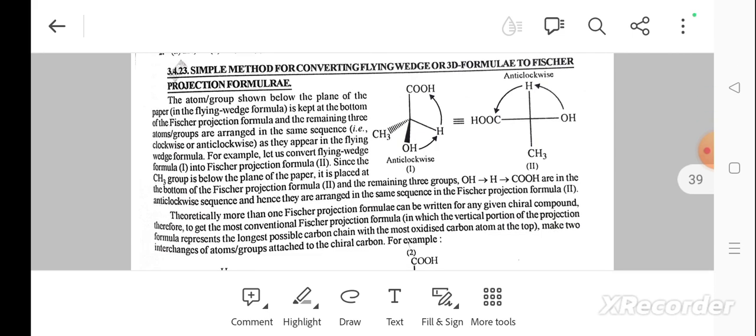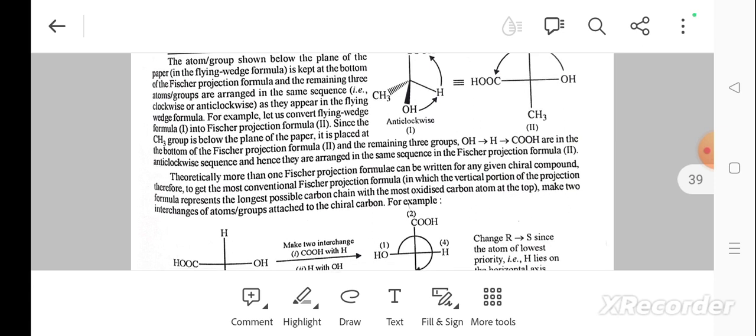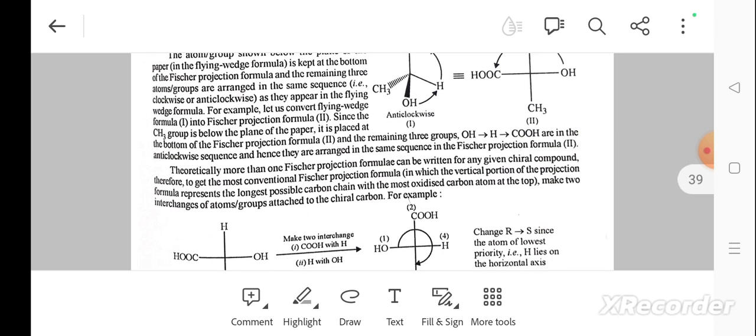Simple method for converting the flying wedge or 3D formula to Fisher projection formula. The atom or group shown below the plane of the paper is kept at the bottom of the Fisher projection formula, and the remaining three atoms or groups are arranged in the same sequence as they appear in the flying wedge formula. For example, let us convert the flying wedge formula first into the Fisher projection formula.